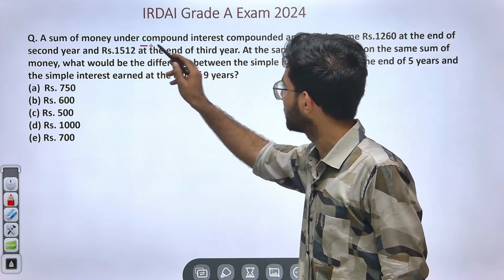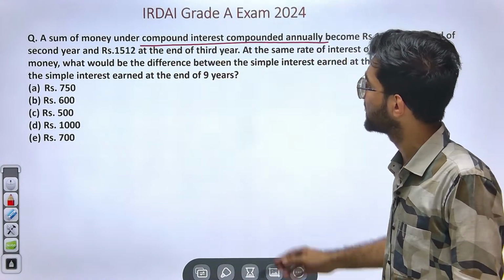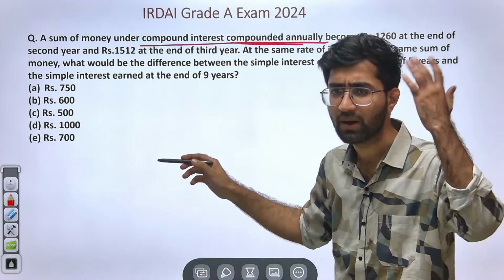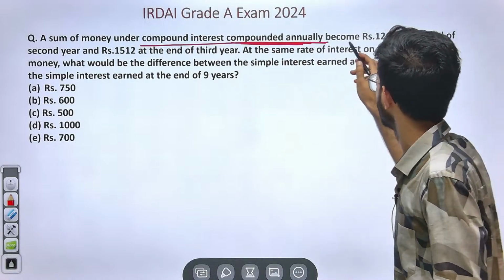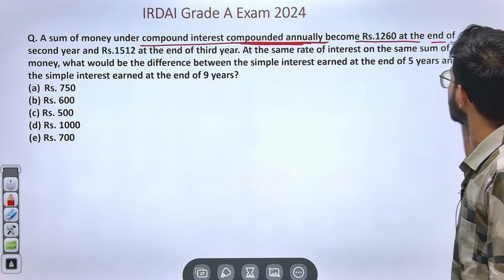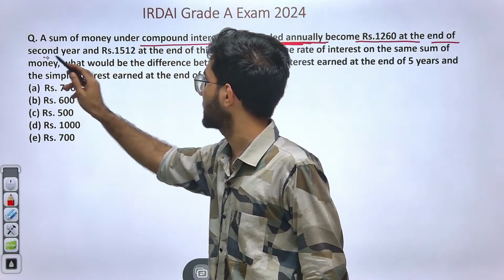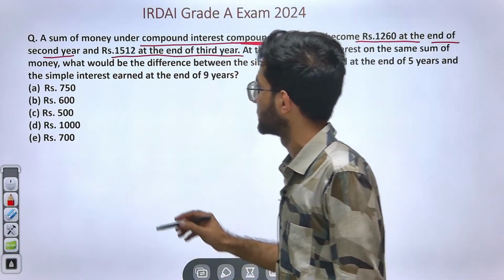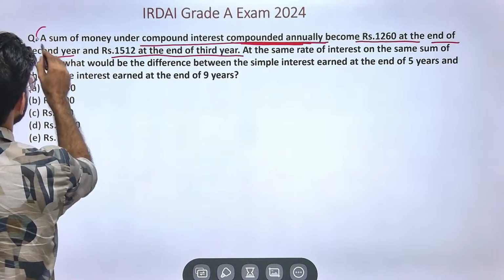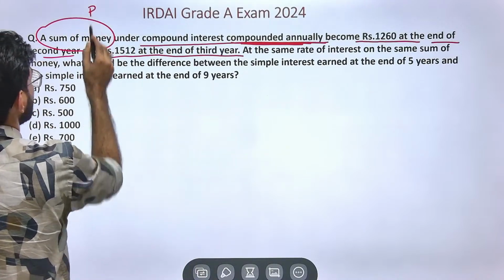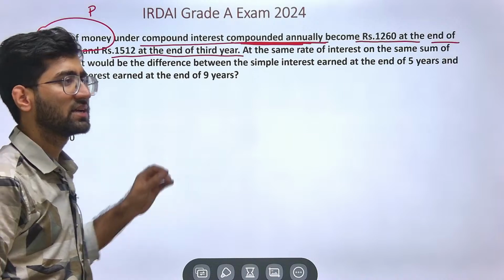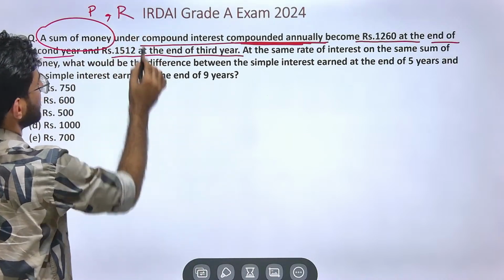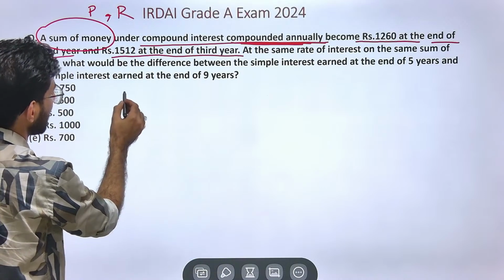Okay, let us read the first part of the question. A sum of money under compound interest compounded annually becomes rupees 1260 at the end of the second year and rupees 1512 at the end of the third year. If we assume that the sum of money is P and the rate of interest is R, we can write a few equations.